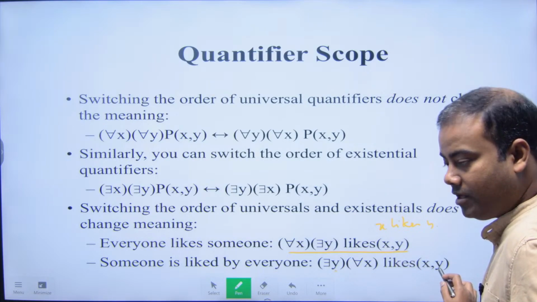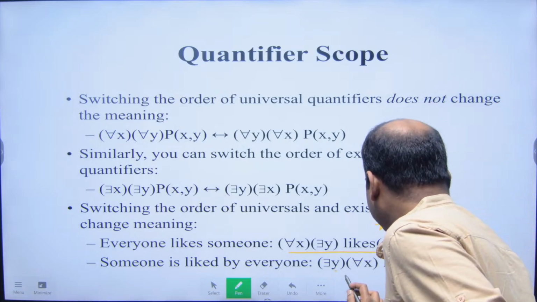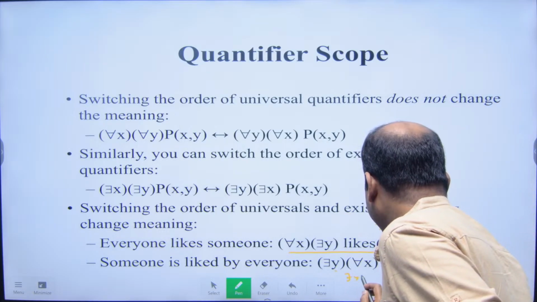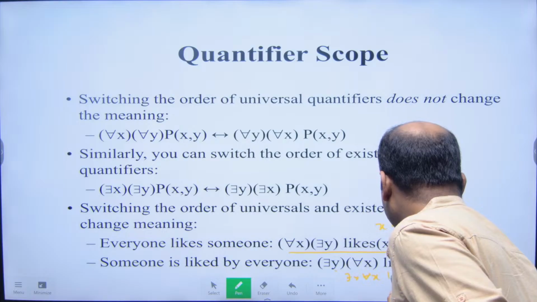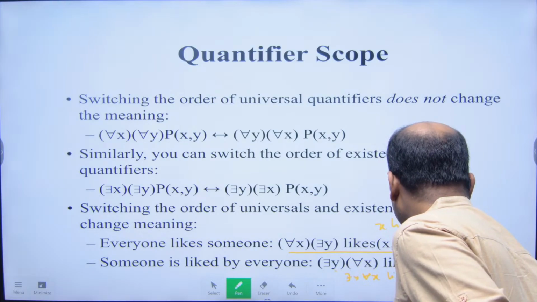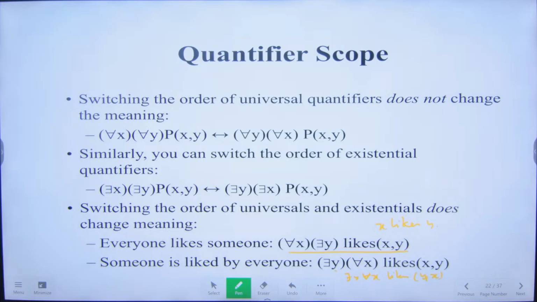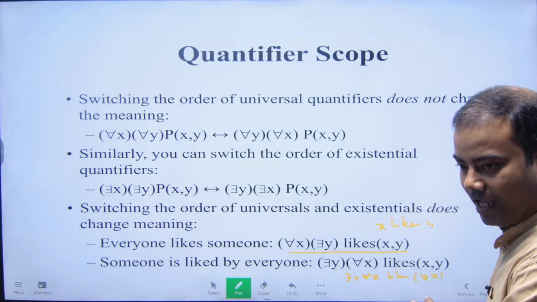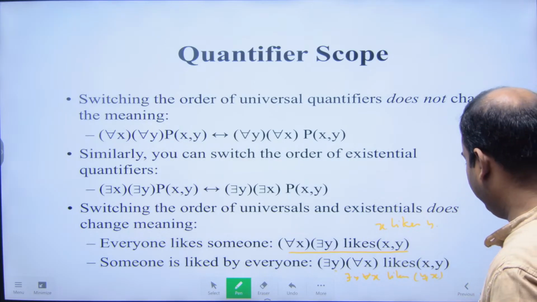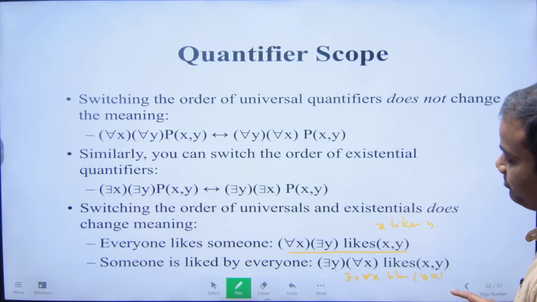For example, if I write there exists y for all x L(y,x), what is the meaning? At least one y likes all x. Correct. At least one person exists who likes everyone.